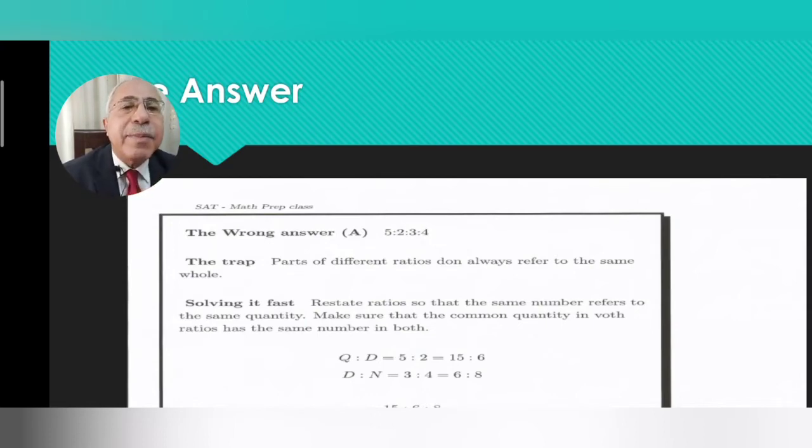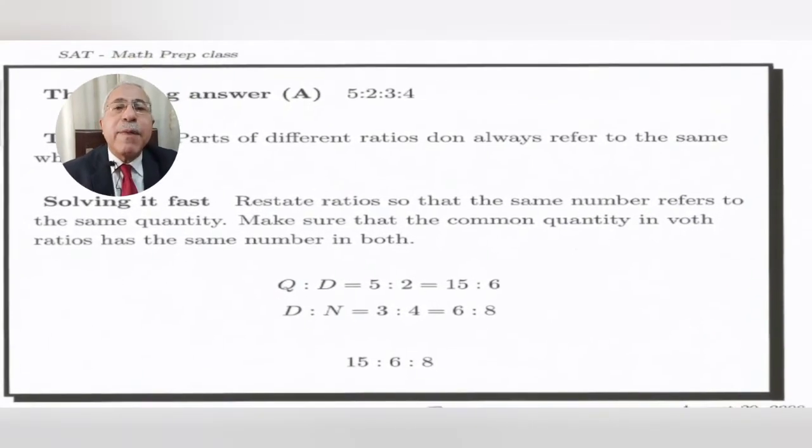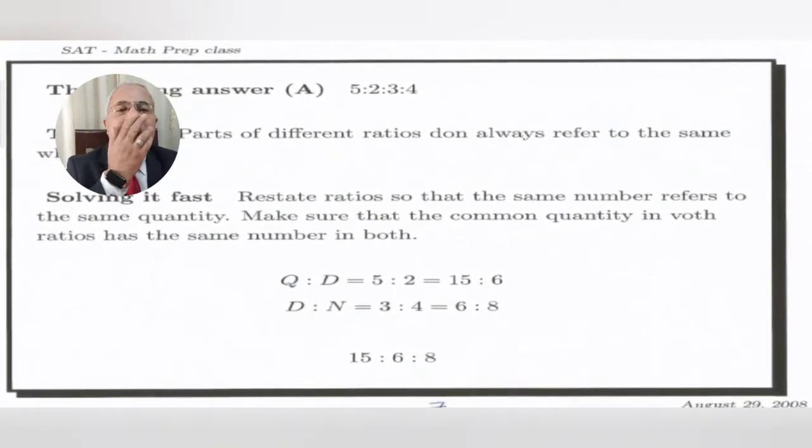In the answer, here what we have is: restate ratios so that the same number refers to the same quantity. That means I have quarters, dimes, and nickels: Q, D, and N. Good.